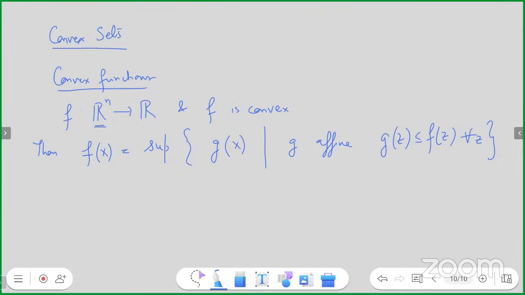Because I'm looking at all g's for which this is true, one direction is kind of trivial. The reverse direction is where all the work is required. So let's stop here. You can take your time, write it down.